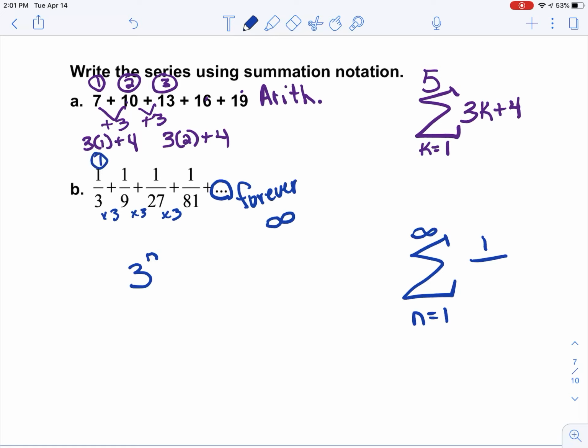Okay, so now let's test it. If I put in my first term, 3 to the first gives me 3. If I put in my second term, 3 to the second one is 9. So this is going to be 3 to the n power. And there's our sigma notation.